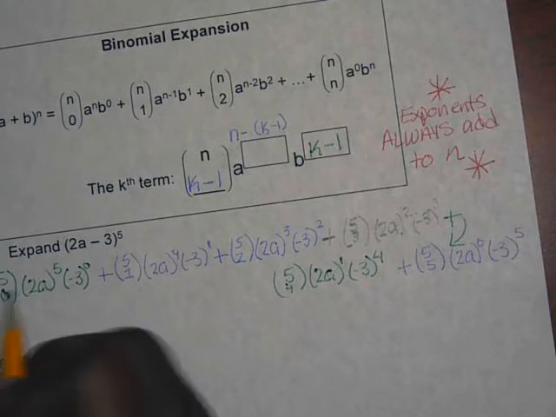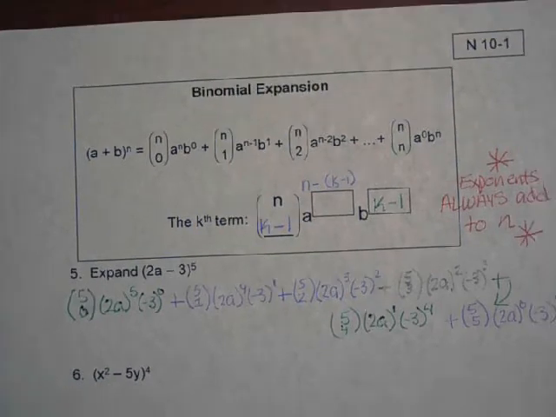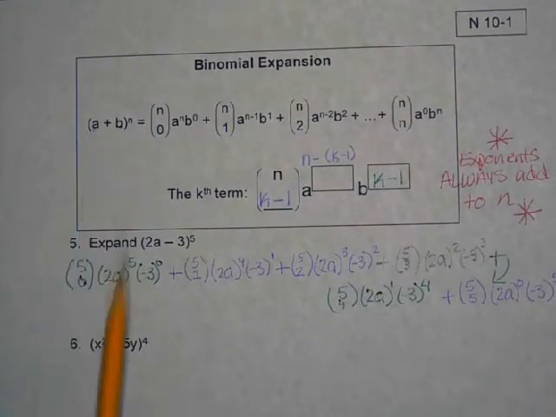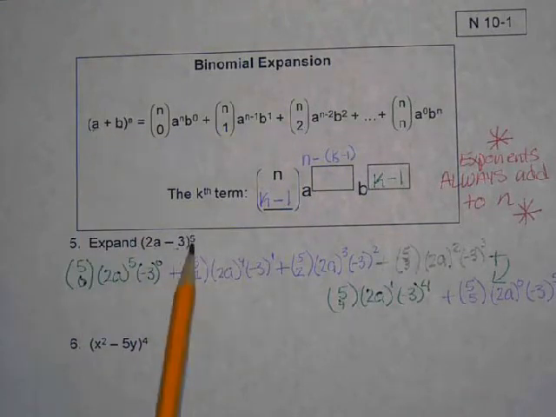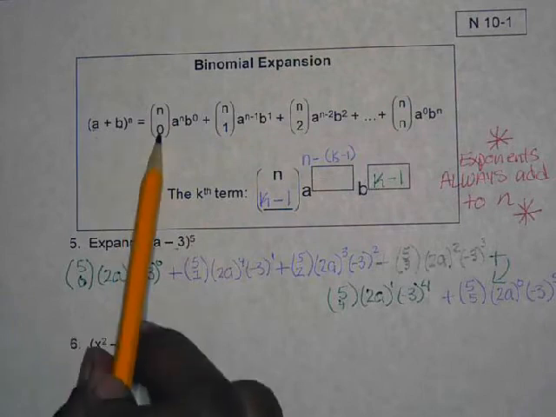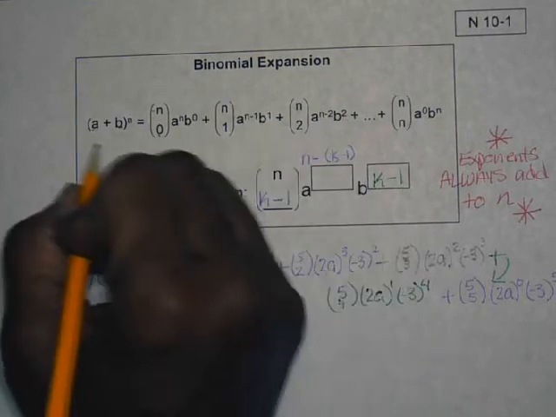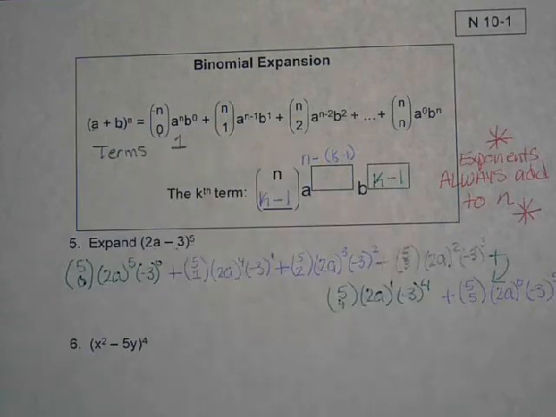So let's review here real quick before I do the next step. Remember up here, I have a term to a power. Whatever the n is, 0 goes on the bottom, so this is my first term.